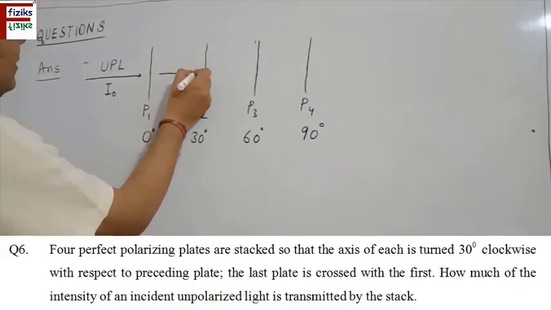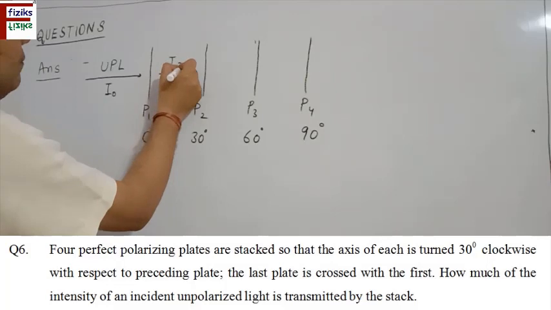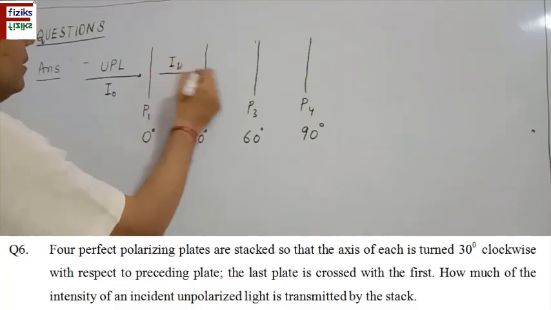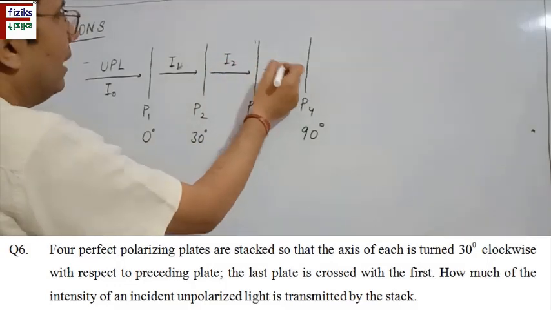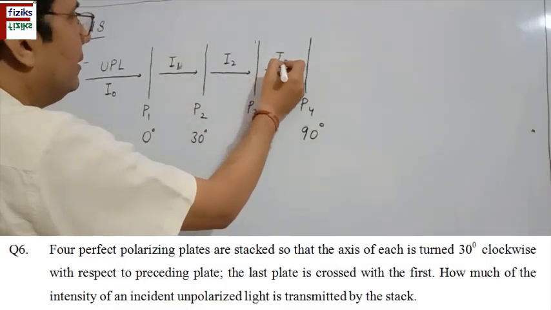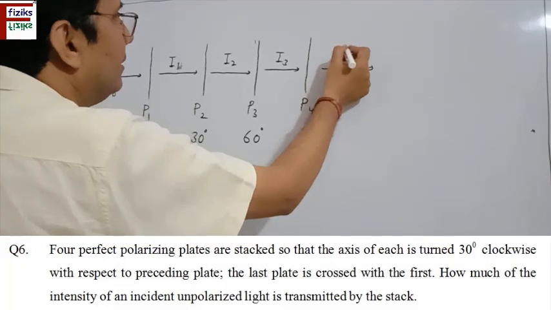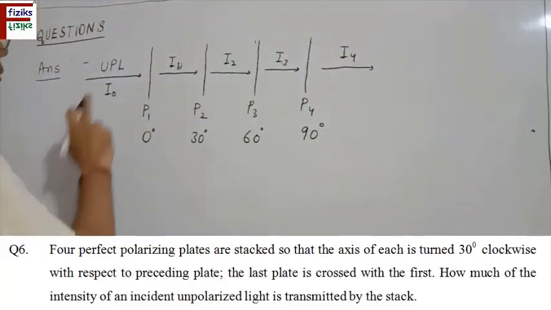Here the intensity will be I1, here we will have I2, here I3, and here I4.